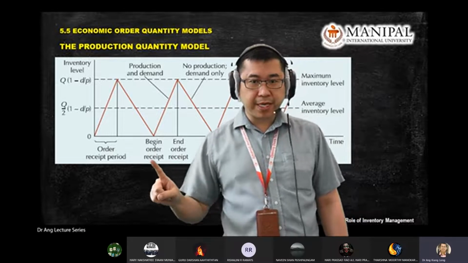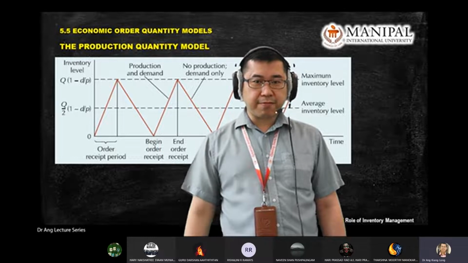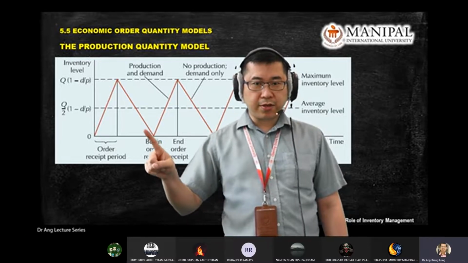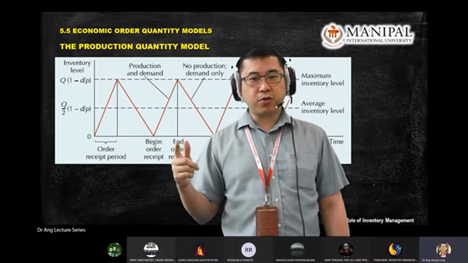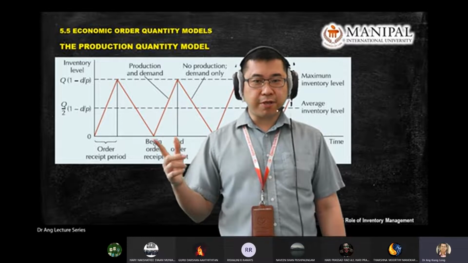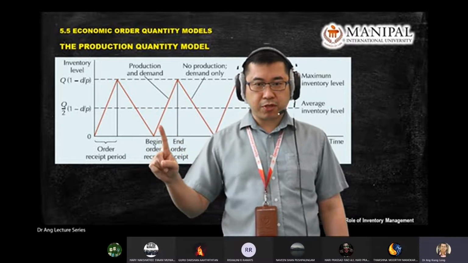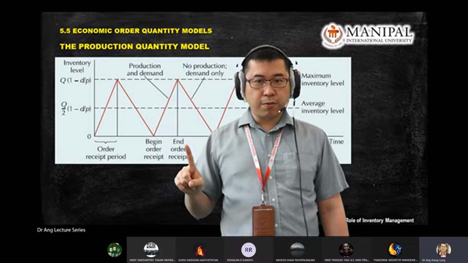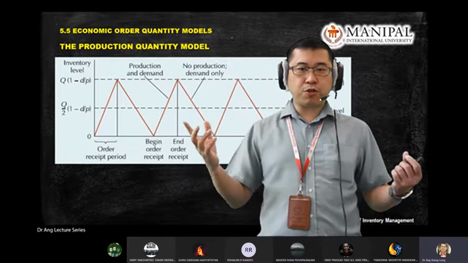Okay. So there are a few points here. For example, begin order and receipt at the same time. Begin order means you start ordering when there's no more stock, right? What you do is order from the factory, order from the production plant. Then the production plant will produce and go up to maximum. So you stop the order, right? At maximum, there is no more space for you to store.